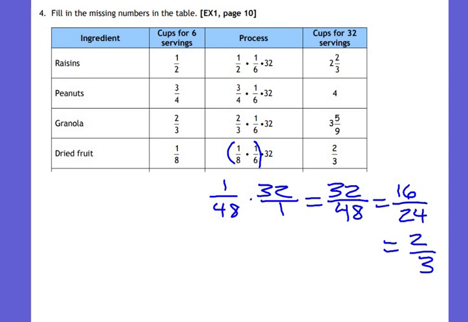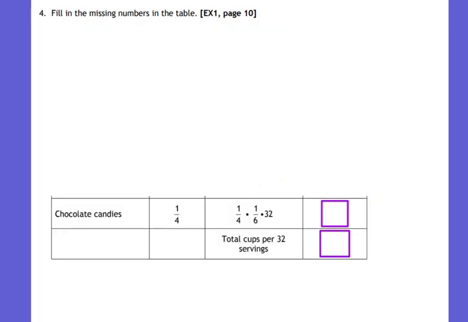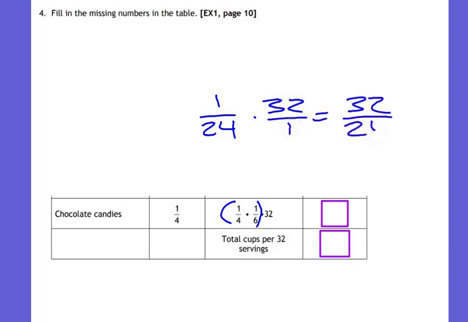Then what is the next ingredient? Chocolate candies. So that turns to 1 over 24. Then times 32 over 1 gives me 32 over 24.